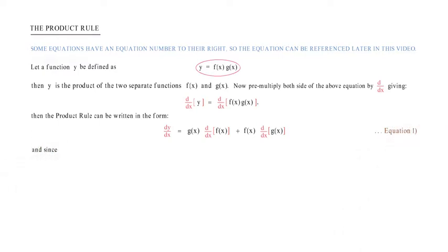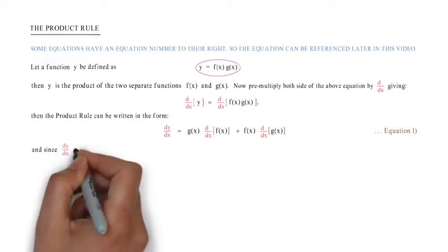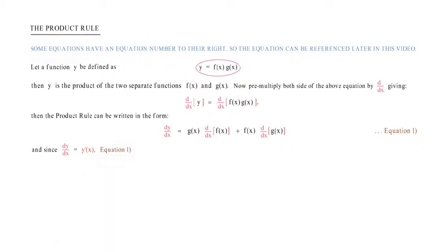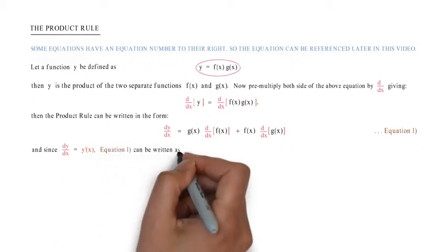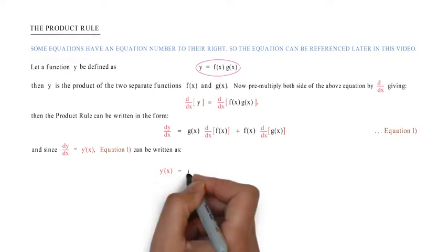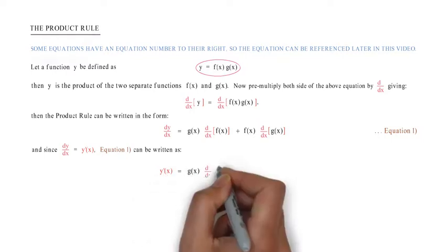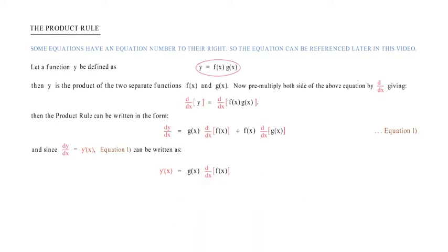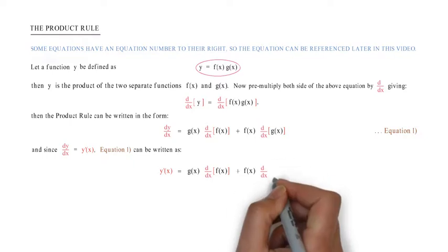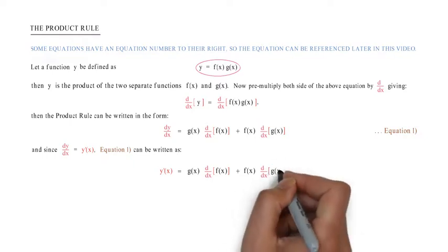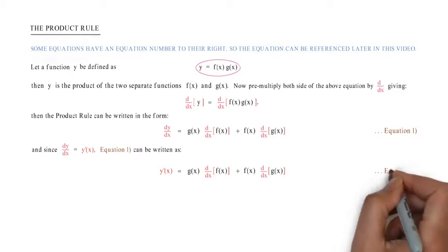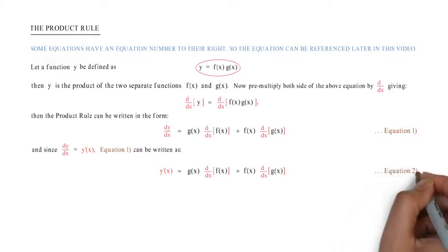And since dy/dx equals y dash x, equation 1 can be written as y dash x equals g(x) times d/dx of f(x) plus f(x) times d/dx of g(x). Call this equation 2.